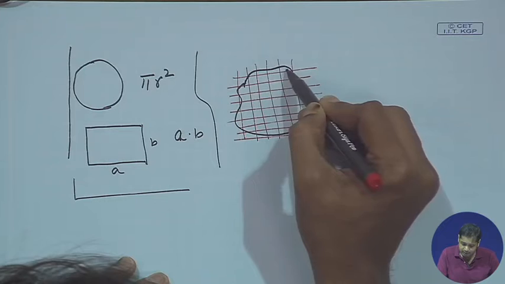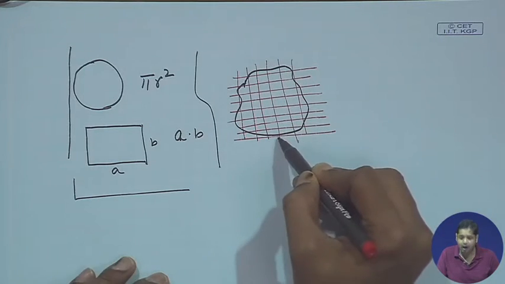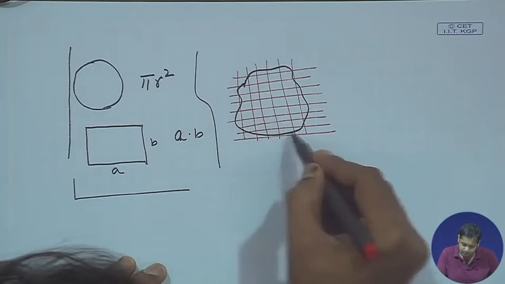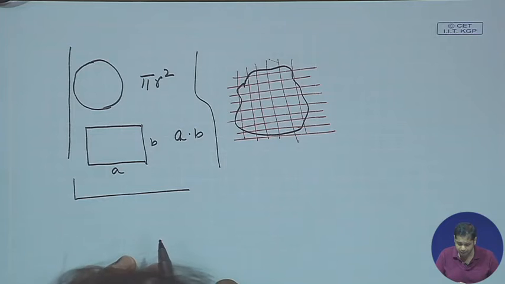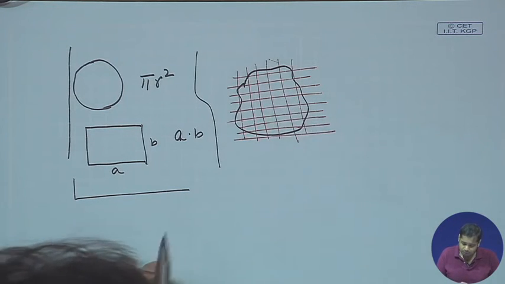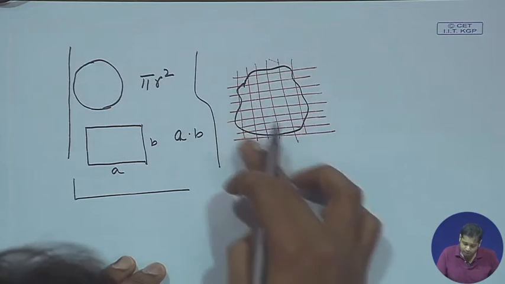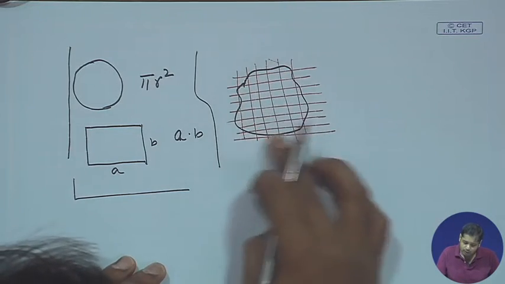For the boundary squares, we can take half or 25% depending on how much area is cut by this line. So we can get the total number of squares, and then knowing the area of each square, we can get the total area of this shape.